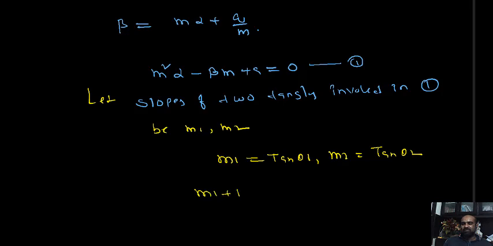The sum m1 plus m2 equals minus b by a, which is beta by alpha. That is, tan theta 1 plus tan theta 2 equals beta by alpha. But I want to write it in terms of cots, because cot theta 1 plus cot theta 2 is given as c. So 1 by cot theta 1 plus 1 by cot theta 2 equals beta by alpha.